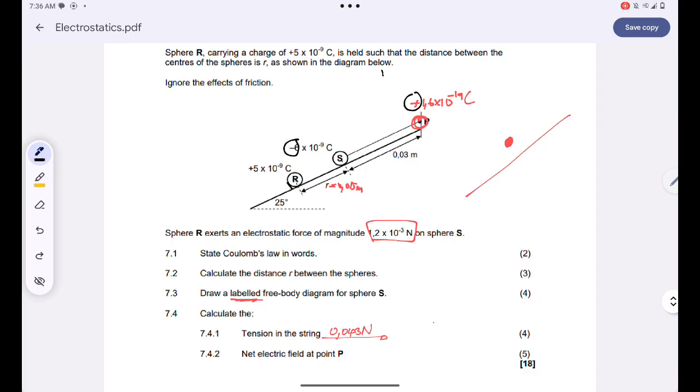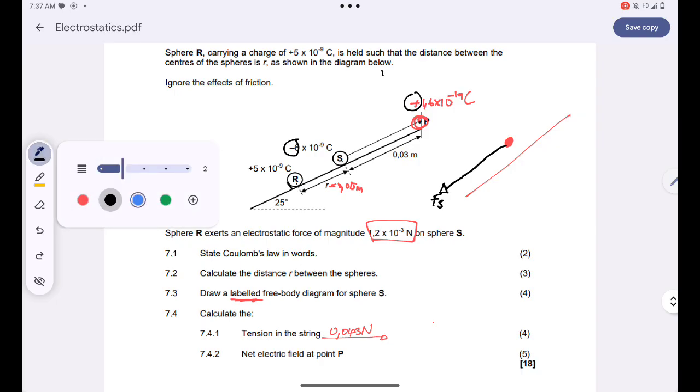That means there will be an attraction force between the two charges, and hence charge S will try to pull the point charge down the incline because they are attracting one another. This is the electrostatic force due to charge S, the electrostatic force between the point and charge S.